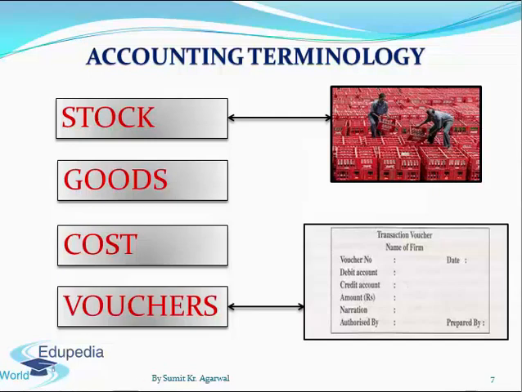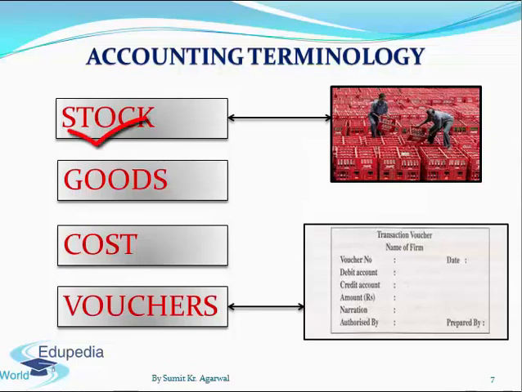For example, if a pen manufacturing business buys furniture for its office, then this furniture will not be termed as goods. But if a furniture trader buys chairs, tables or other furniture and sells it, then for that furniture trader these will be goods.